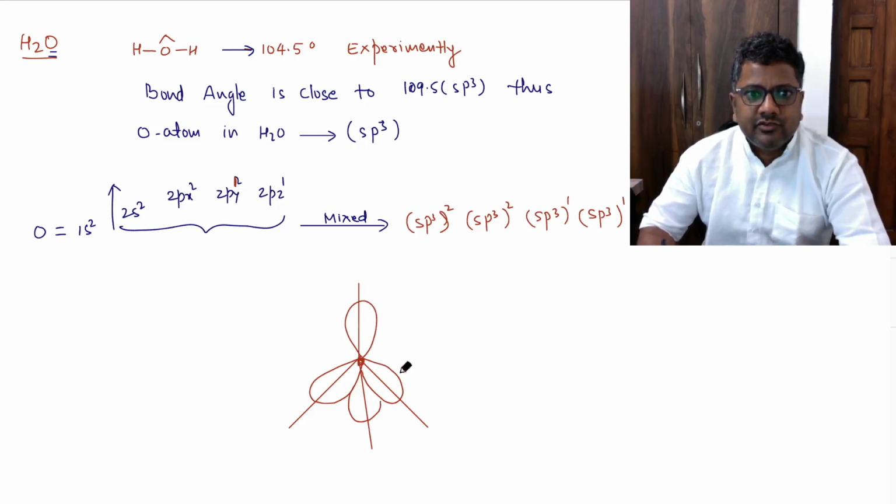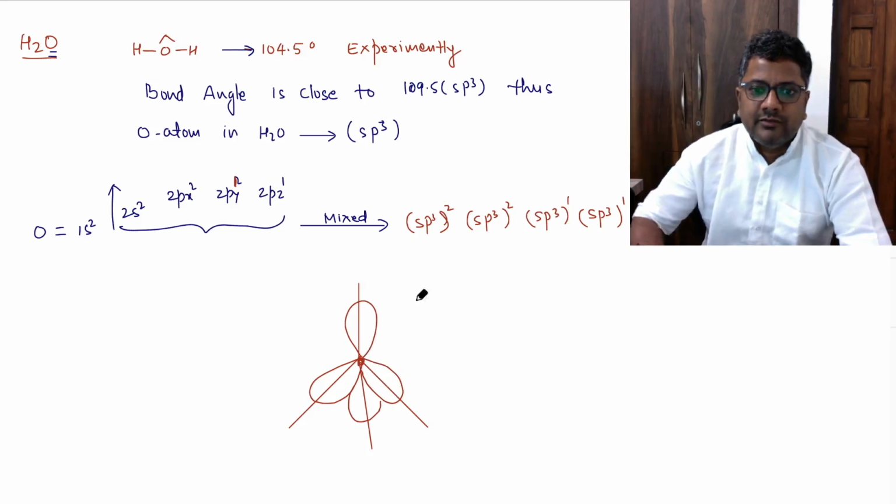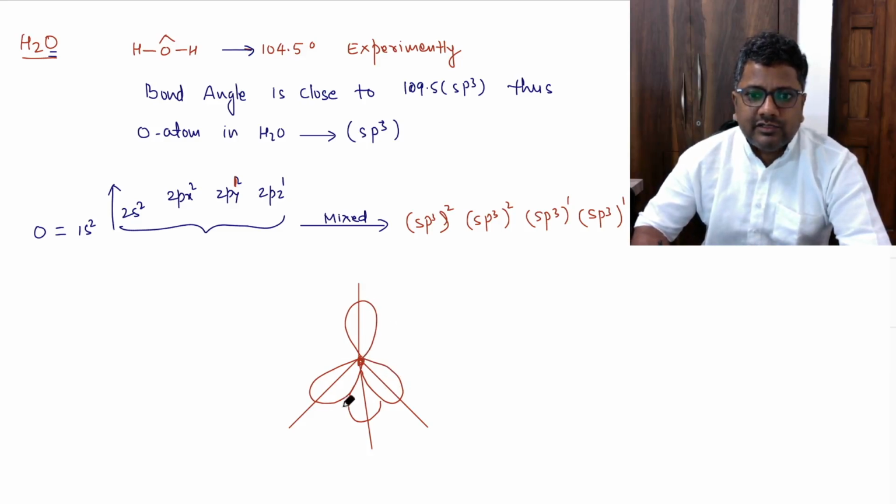This is 109 degree 28 minutes. So don't say that one lone pair is here and the other lone pair is here, so they are anti to each other, to minimize the repulsion. Some people explain like this, but they are wrong. All the lobes are adjacent to each other, so you can put your lone pair anywhere. No problem.